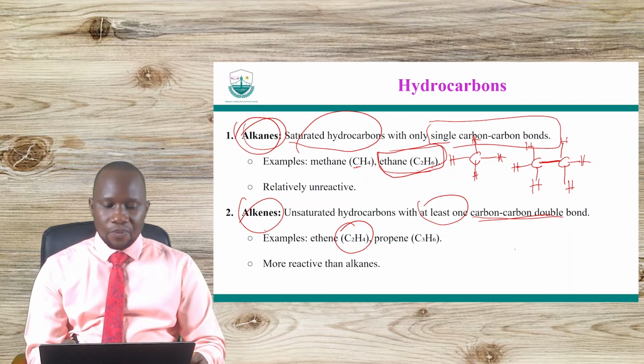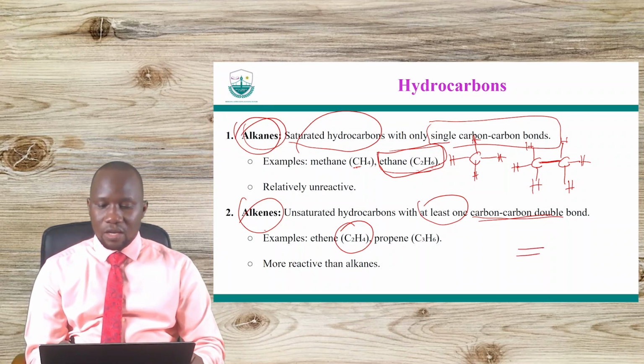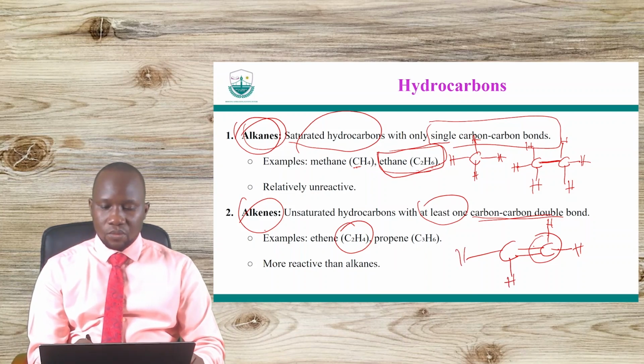So with alkenes, we have the double bond between carbon and carbon. So for this carbon to have 4 bonds, it needs 2 more: 1, 2, 3, 4. This one also has to get 2 more for it also to have 4 bonds.